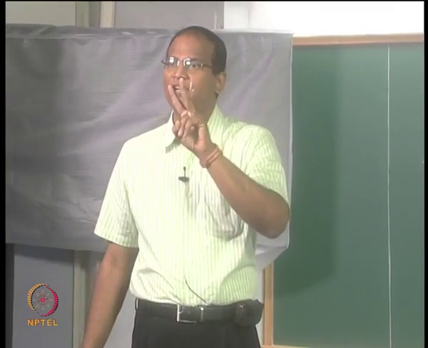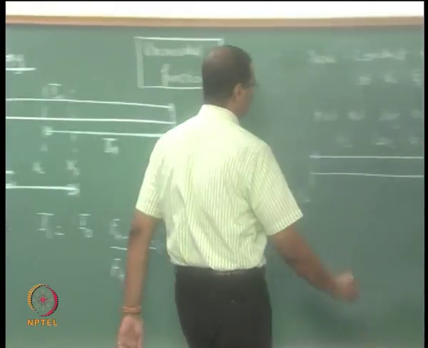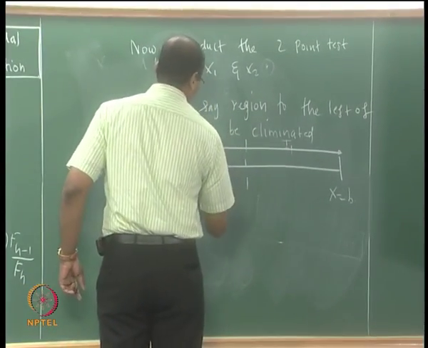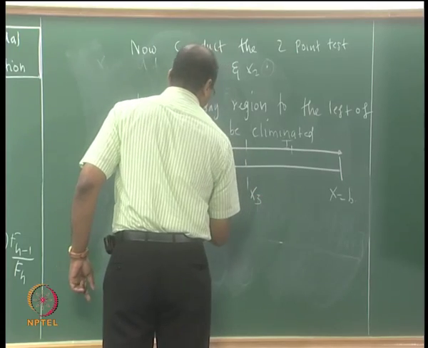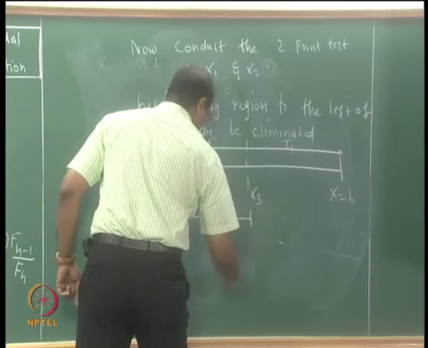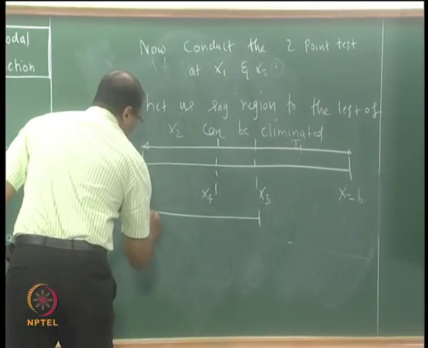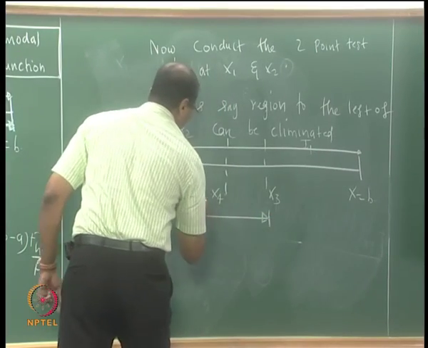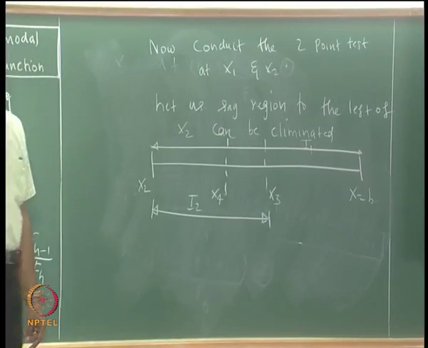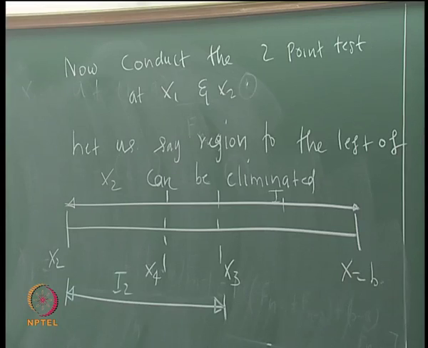Now we choose 2 points x3, x4, such that they are at a distance of I2 from the 2 new ends.